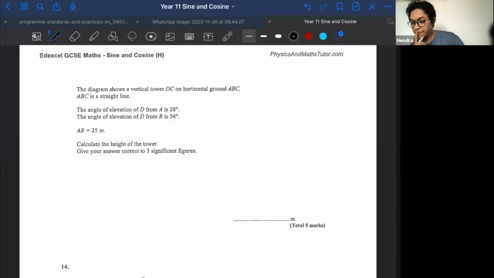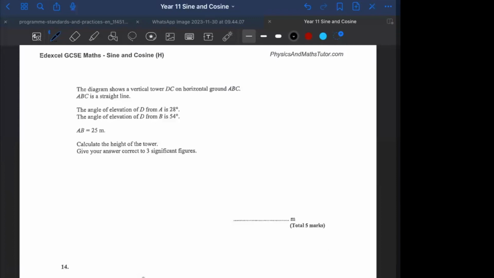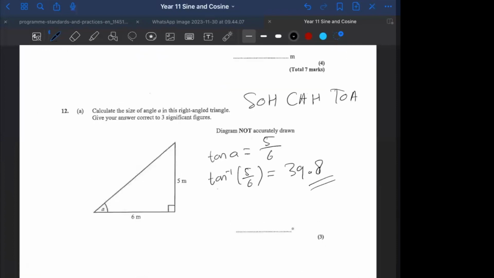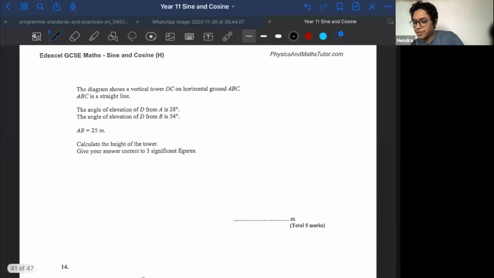This one I need help on. The diagram shows a vertical tower DC on horizontal ground. ABC is a straight line.